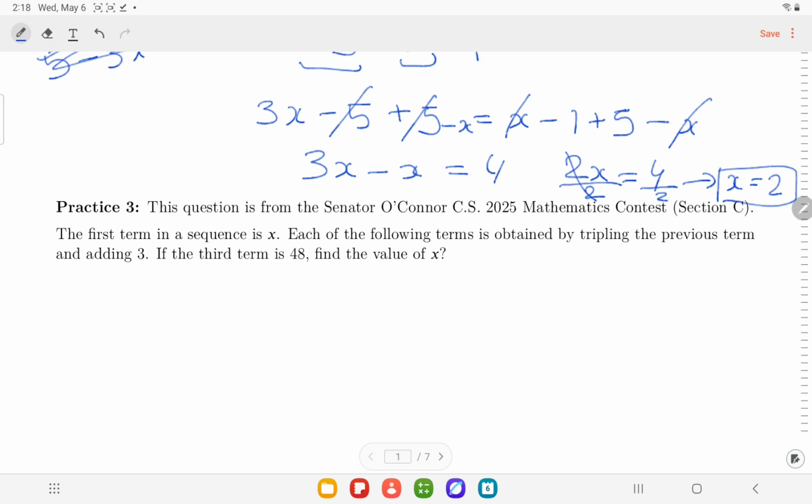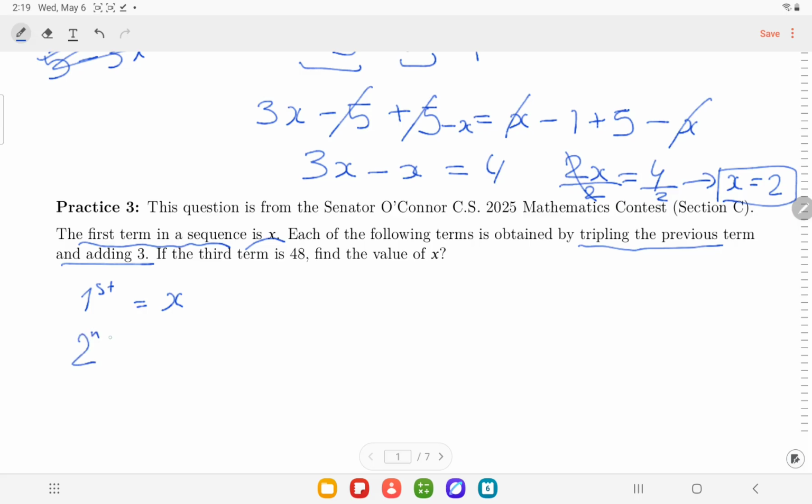So with a question like this, I would recommend you guys write down everything that is given in the question. So first it says that the first term in the sequence is x. So our first term is x. And then it says that each of the following terms is obtained by tripling the previous term and adding 3.